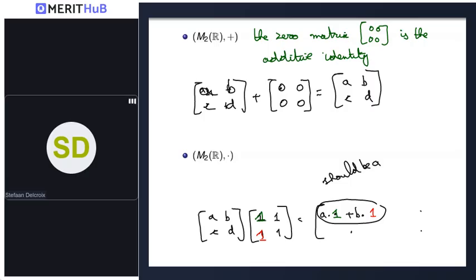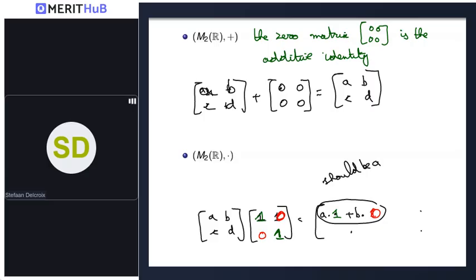So the A times 1 is correct. But by what should I multiply my B to make sure that it disappears? Has to be 0. This has to be a 0. And then it's not too hard to see. This guy has to be 0, and this guy has to be 1 again. We've seen that matrix before. What did we call before the matrix 1, 0, 0, 1?